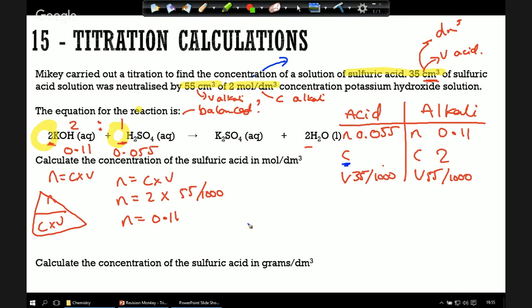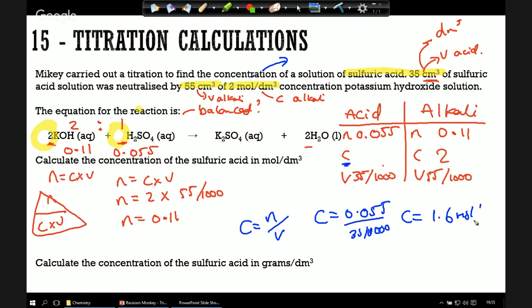So we rearrange our equation, C equals N divided by V, where C equals the number of moles divided by the volume, which was our 35 divided by 1,000. So that will give us a concentration of 1.6 moles per decimetre cubed, which we can then fill in that last bit of information.